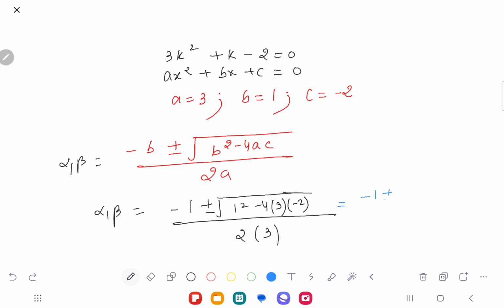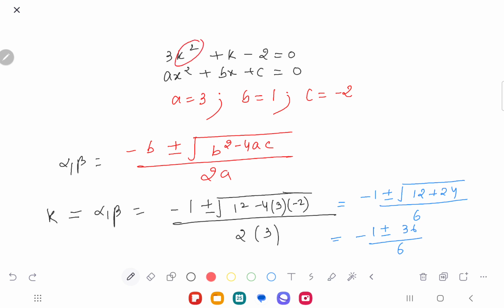Here it shall be minus 1 plus minus under root of 12 plus 24 over 6. So it shall be minus 1 plus minus root 36 over 6. So it is going to be minus 1 plus minus 36. So how would I solve the values here?